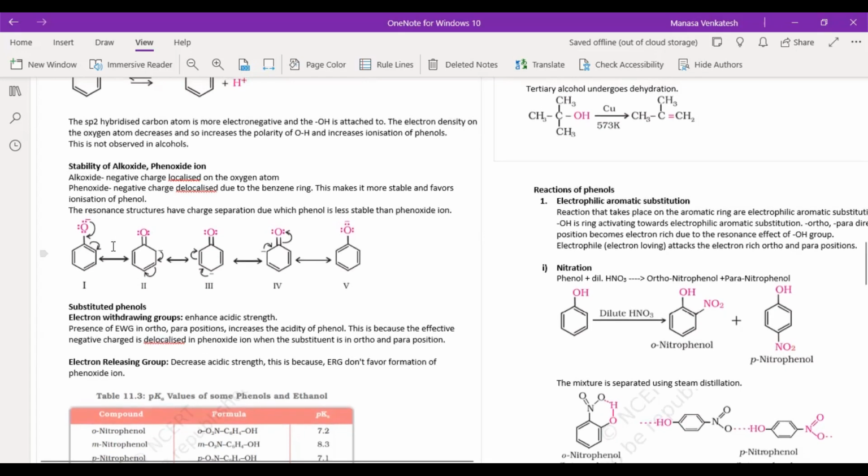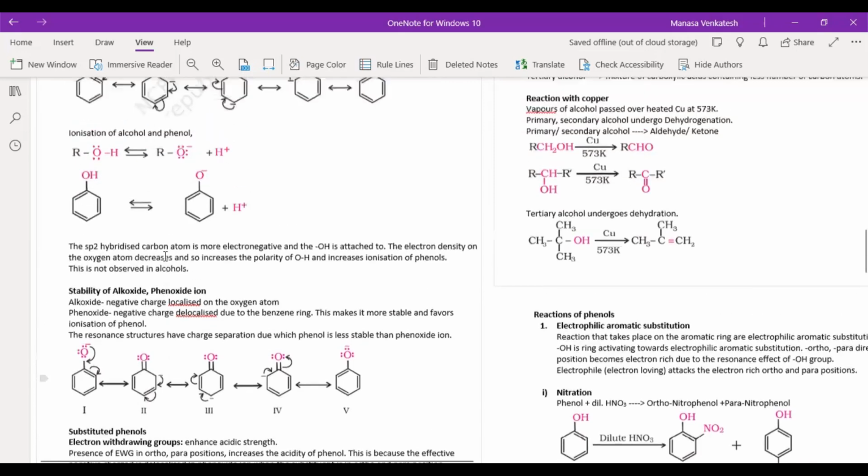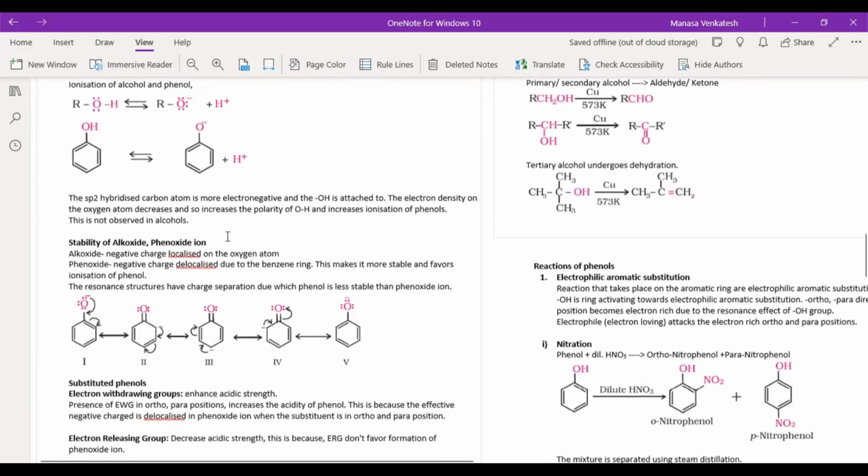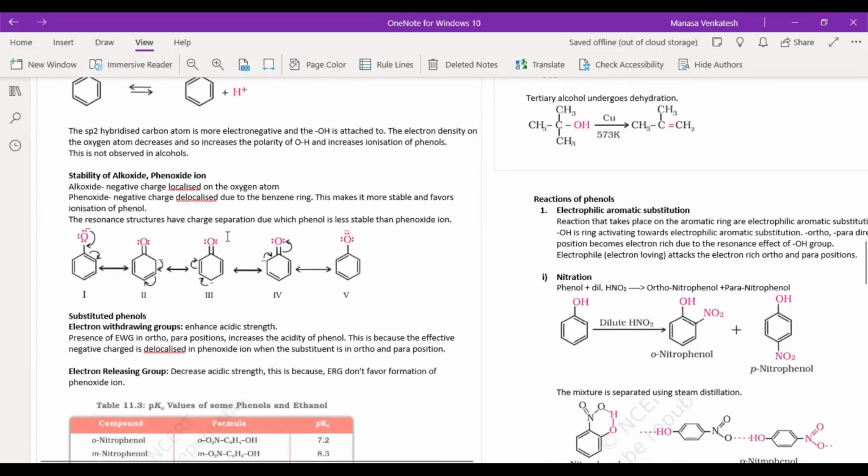Assuming you have an electron withdrawing group at this position and this position, the negative charge which is getting delocalized is going to get more stable. Because of that, the ortho and para position is more stable. So a phenol having an electron withdrawing group at the ortho and para position is more acidic than the phenol containing an electron releasing group.